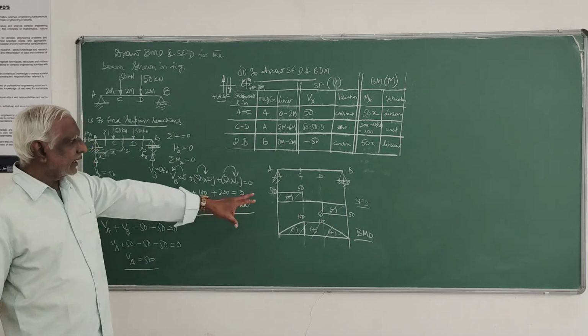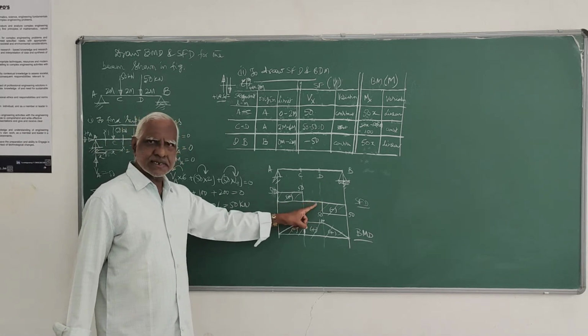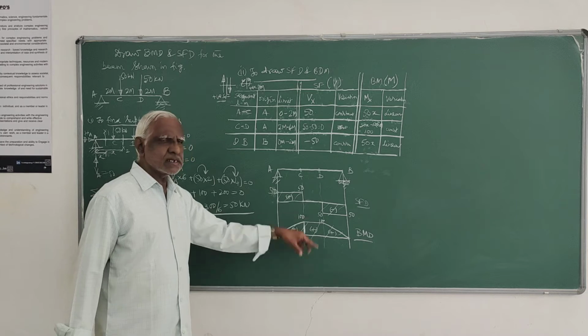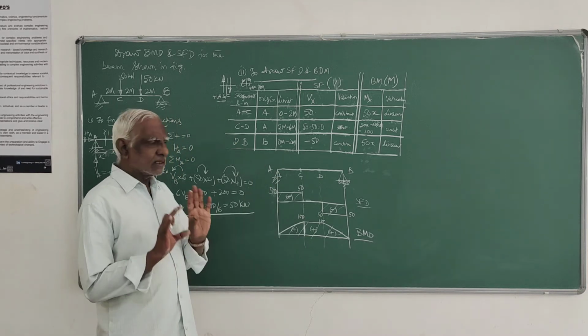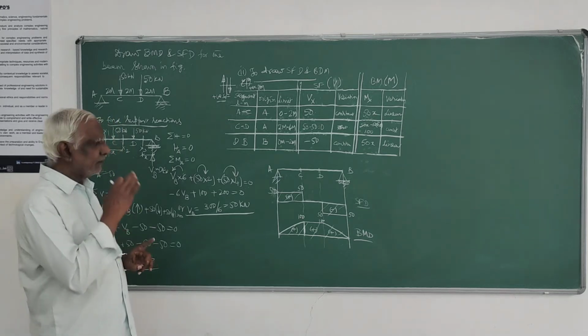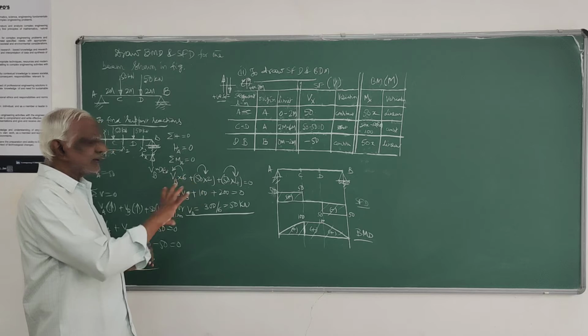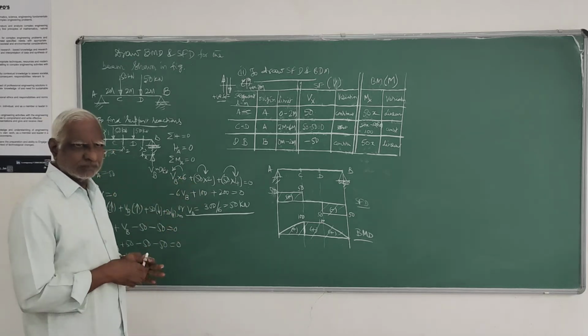So actually you can observe from here, wherever shear force is 0, bending moment is maximum. This is one important property which you have to remember. The maximum bending moment occurs at the point where shear force is 0.